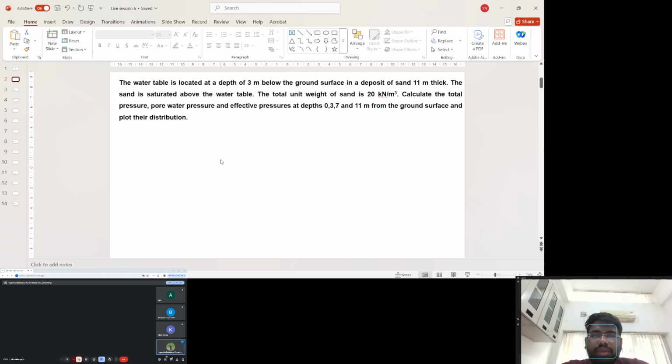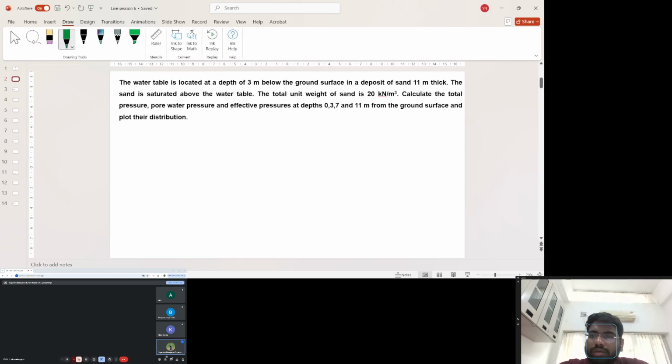First of all, the basic approach for these problems, especially effective stresses and in future, for problems related to consolidation. The first step is to translate the question to a diagram.